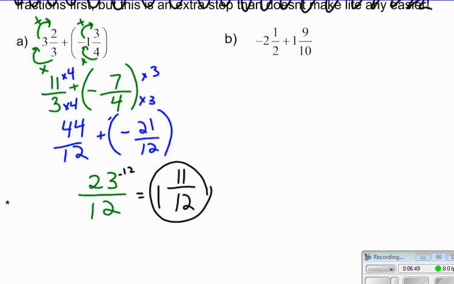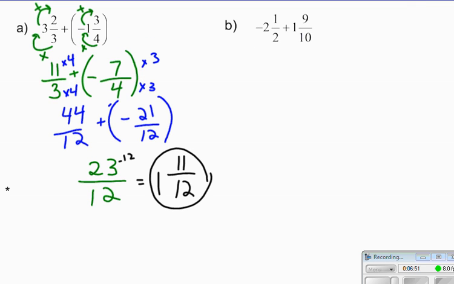So looking at our second example, we're going to do the exact same thing. So again, we're going to go 2 times 2 plus 1, ignoring the negative. So the negative's up front, so 2 times 2 is 4 plus 1, 5 halves. That is all negative. Plus 10 times 1 is 10, plus 9, 19 over 10.